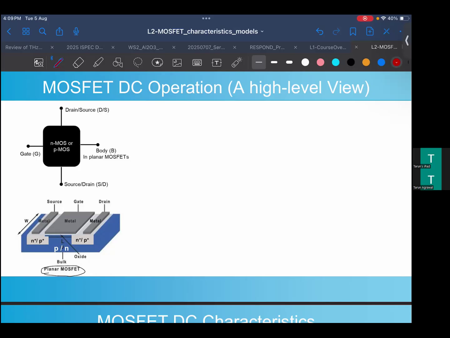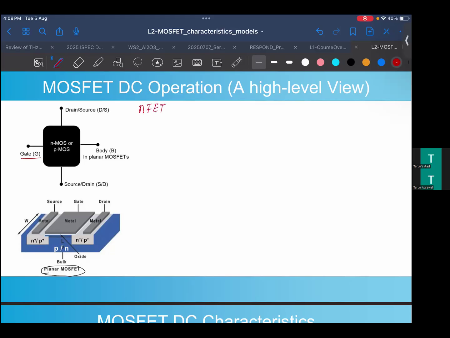So it has these four terminals, where the terminal in between, which is controlling the channel, is what we call the gate. Let's say we are talking about an NFET, an N channel FET.